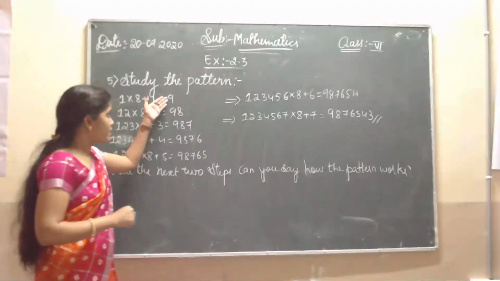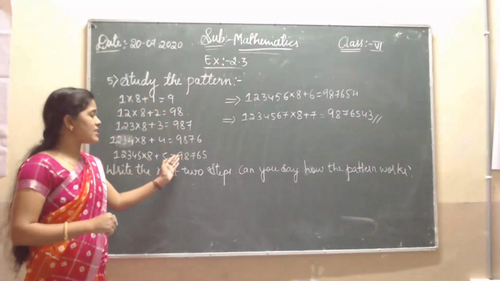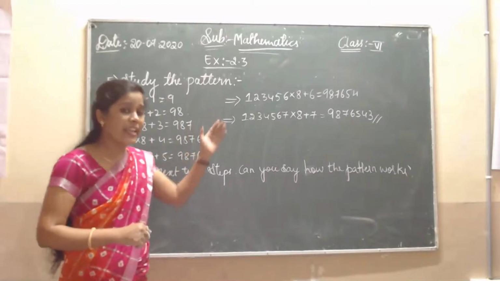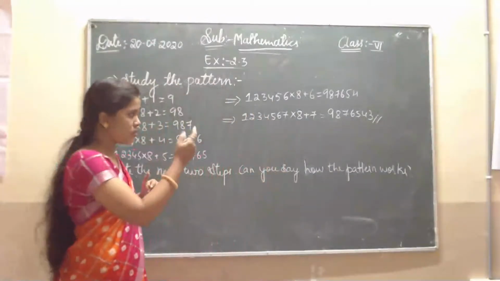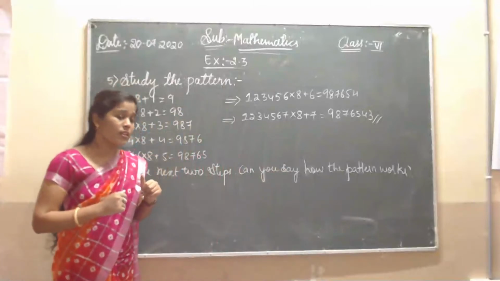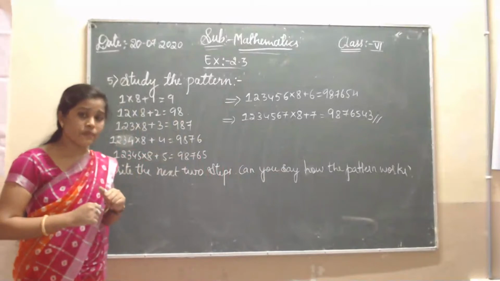In the last column, 9, 98, 987, 9876, 98765. In the next, 987654, 9876543. So these are the next two steps of this question.